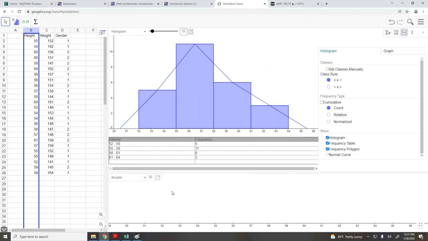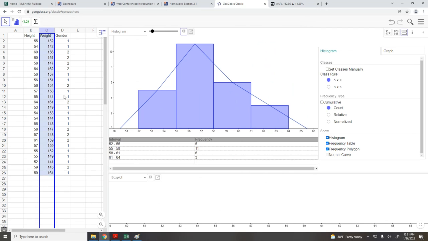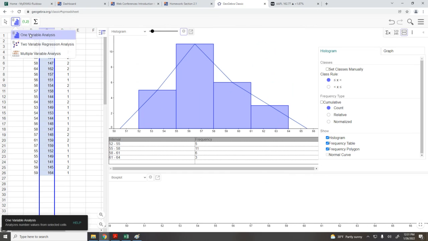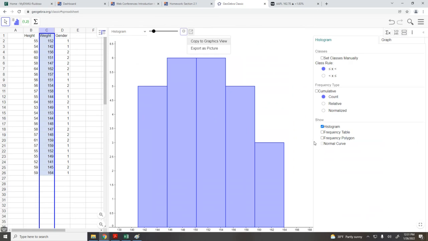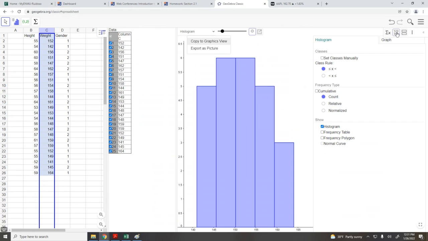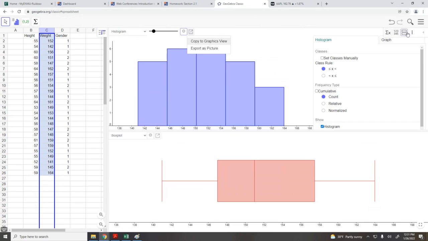Now again, let me go for this weight and try to see how it looks. Okay, analysis, and this is the histogram. Looks fine. And what is this? All right, histogram data. Hold on, this one. Okay, so that's fine.